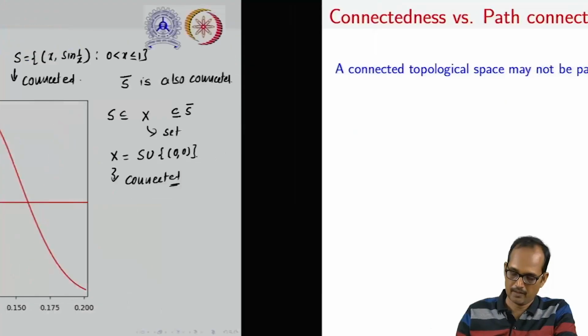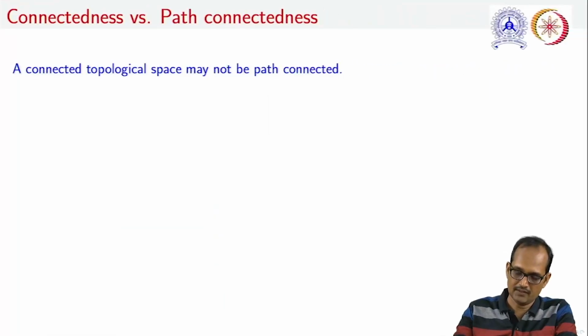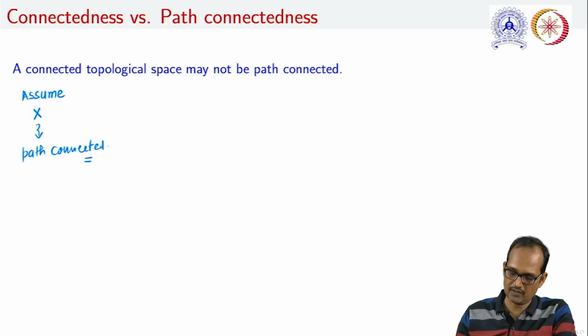Now let us assume that X is path connected. Again, it is to be mentioned that the topology is the relative topology on X.